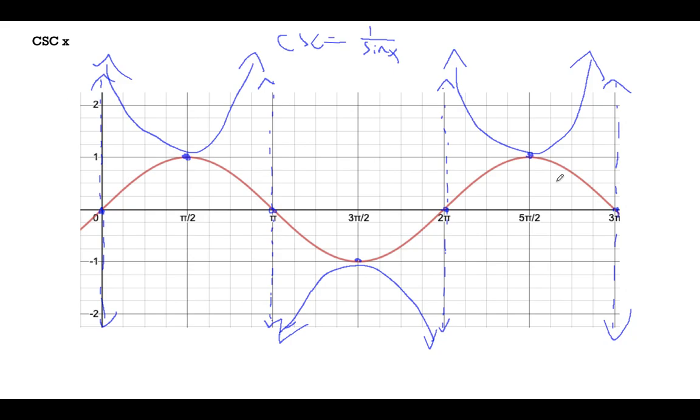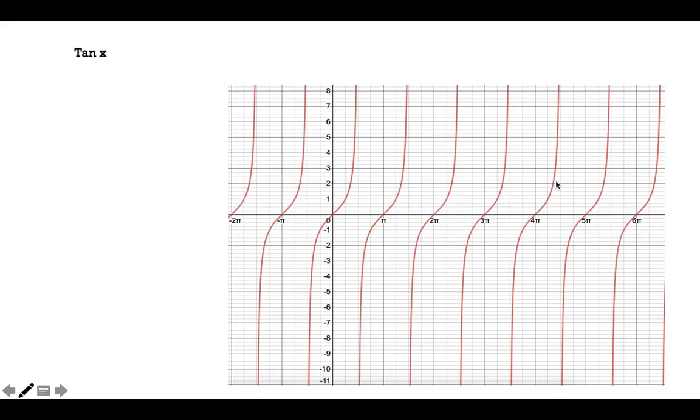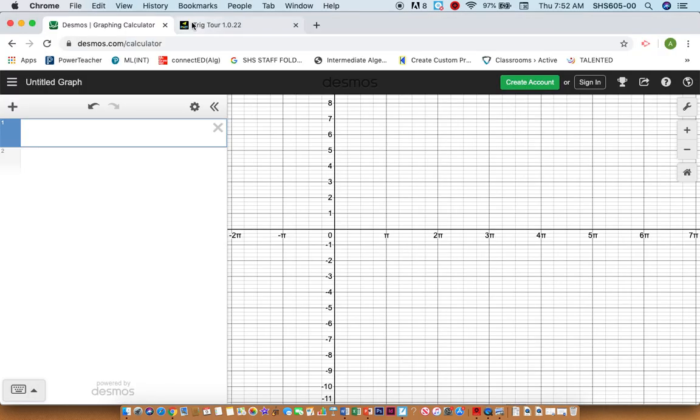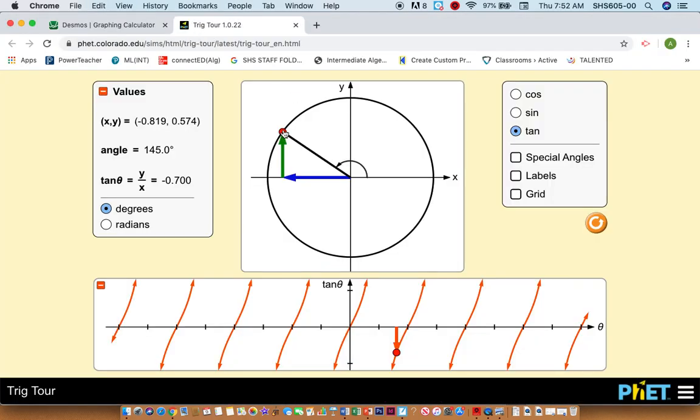So now we're going to look at tangent of x. Now that's what the graph of tangent of x looks like. Let's go to a website and talk about this. So remember, tangent is y over x. So we have to keep that in mind. So y over x, well, we need to think, when will x be 0?